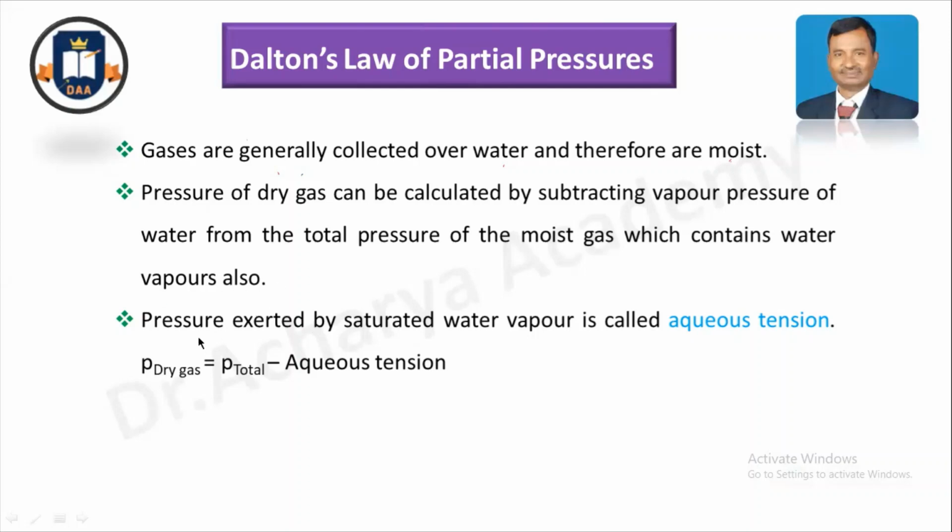The pressure exerted by the saturated water vapor is called the aqueous tension. So for the calculation of the pressure of the dry gas, we have to consider this aqueous tension. That means pressure of dry gas is equal to total pressure minus aqueous tension.